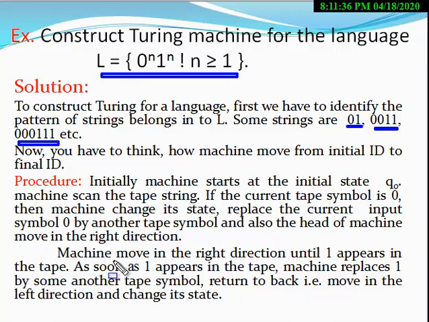The machine moves in the right direction until 1 appears on the tape. As soon as 1 appears on the tape, the machine replaces 1 by some other tape symbol, moves back in the left direction and changes its state.